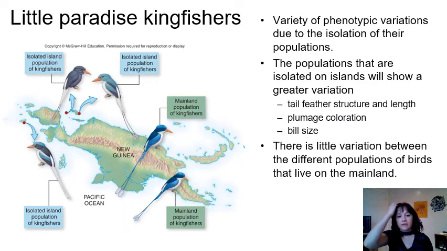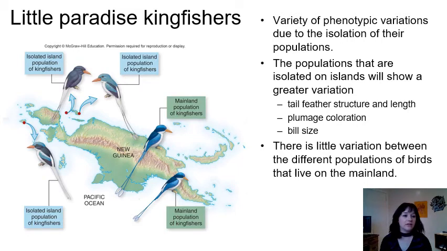So here we have the island of New Guinea and this kingfisher species. Now, these kingfisher birds migrated to all these different little islands surrounding the mainland. And over time, because they were isolated, they diverged in their appearance, right?